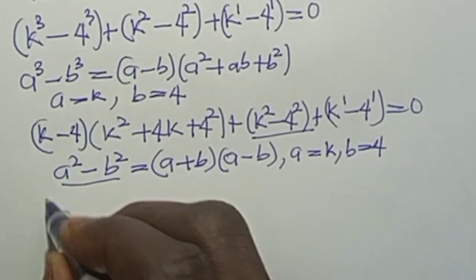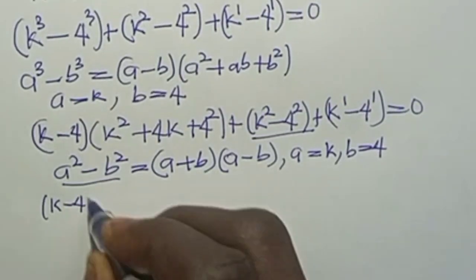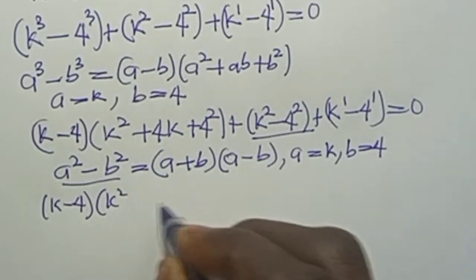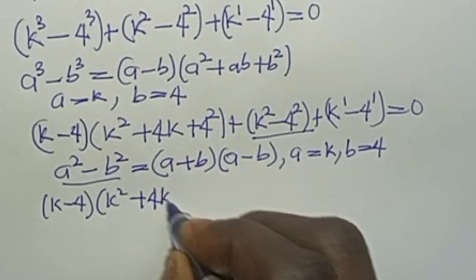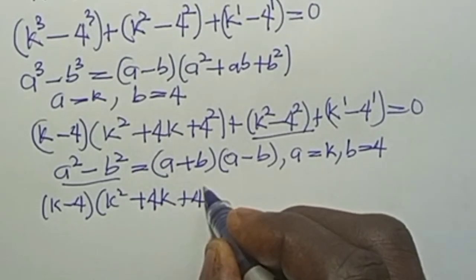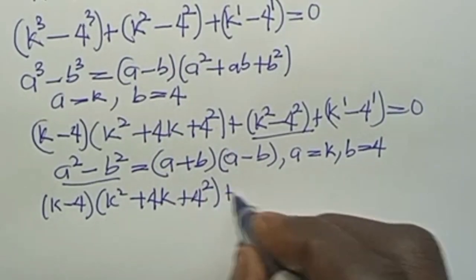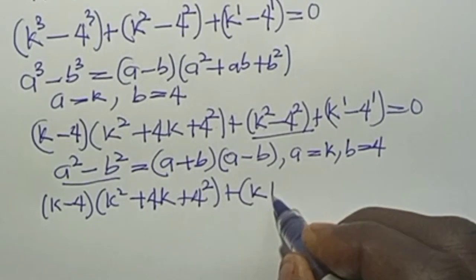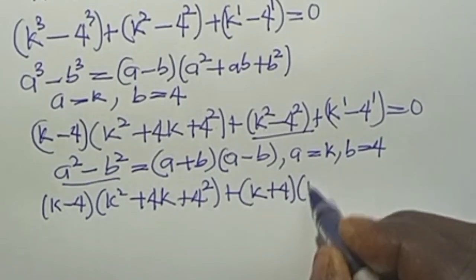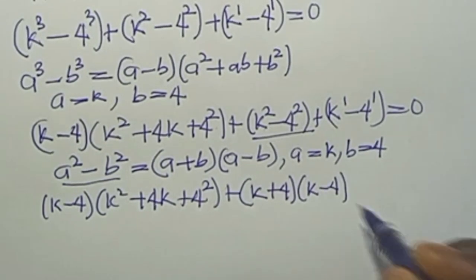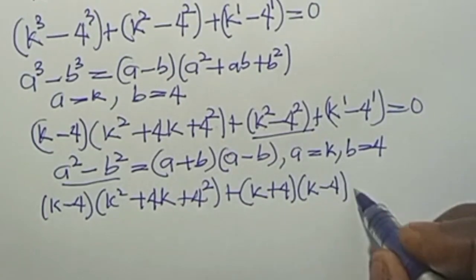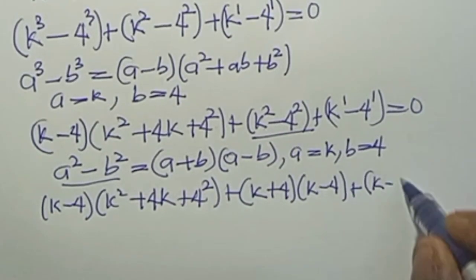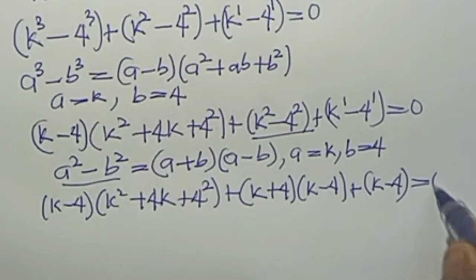So the next line will be k minus 4 times k squared plus 4k plus 4 to the power of 2 for this, close the bracket, plus for this we'll use this, that is k plus 4 times k minus 4, plus k minus 4, all equal to 0.